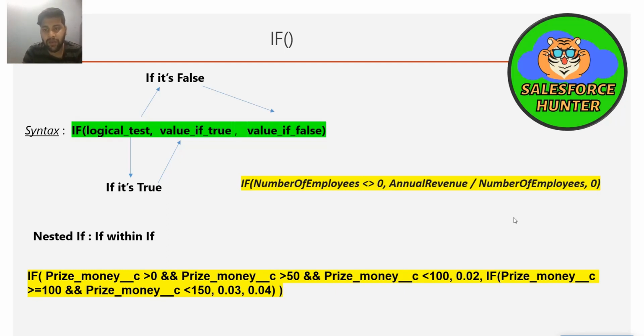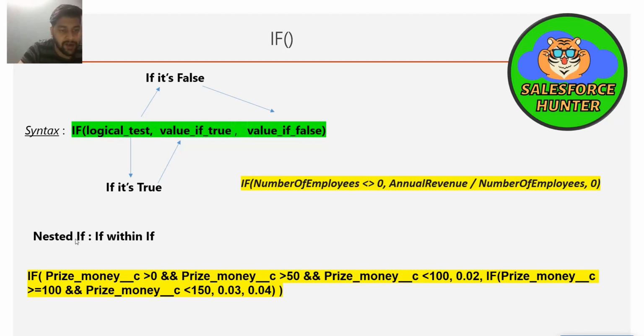As you could see, the number of employees is in the denominator, and by math standards the denominator can never be 0, you can never divide something by 0. That's why we are checking this condition. If the number of employees is not equal to 0, then we calculate the annual revenue per employee by dividing annual revenue by number of employees. If it is equal to 0, we simply say the annual revenue per employee is 0. That is what this formula is doing.